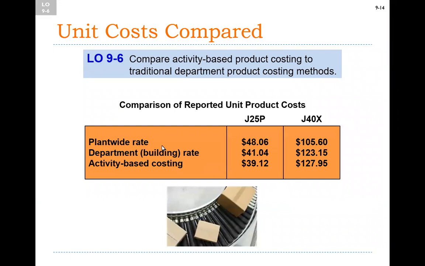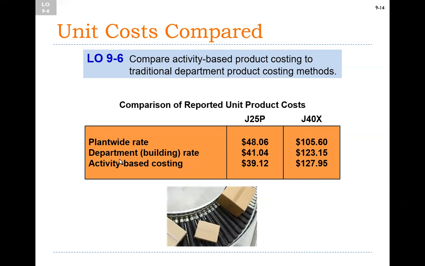Now, if we were using the traditional predetermined overhead rate, this is the unit product cost that we would have calculated using information that was already provided to us. We want to compare that to what we see for ABC costing.